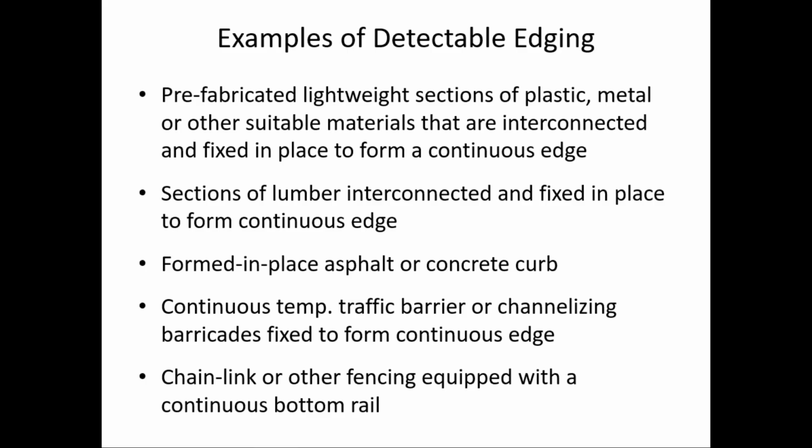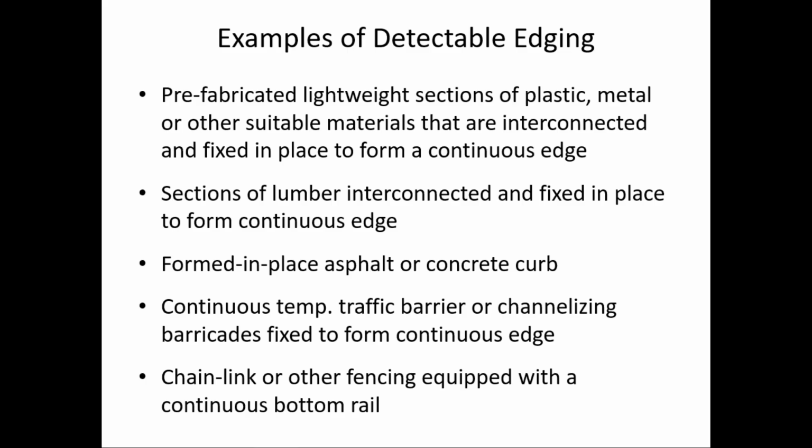It could be continuous temporary traffic barriers or channelizing barricades that we'll talk about in a few minutes, that are fixed to form a continuous edge. And I don't know if anyone's seen this, or maybe someone's using it. I have seen photographs and videos of it. I have never actually seen it with my own eyes, but there's a company that makes chain link fence.